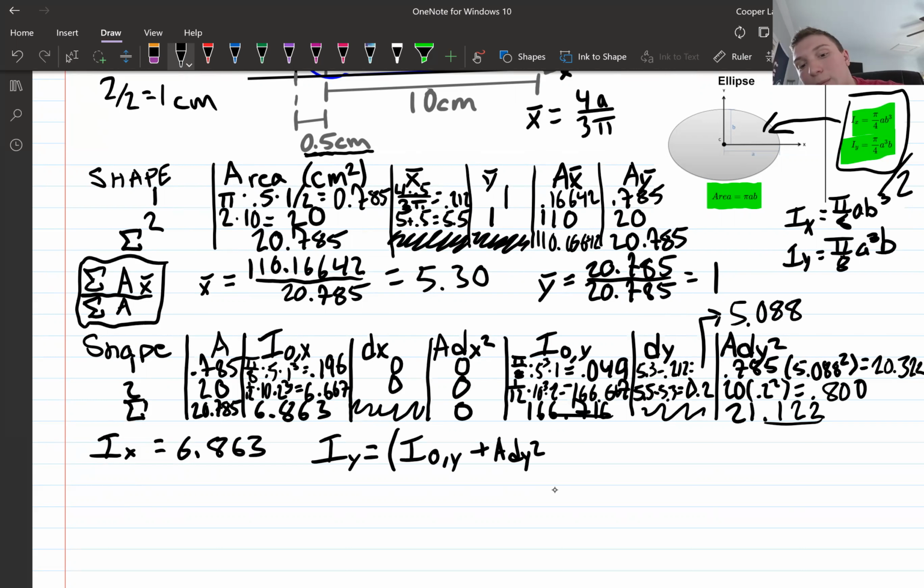Keep in mind, this would be my sigma for both of these, not just for one point. So I'm going to be doing that 166.716 and adding my 21.122.